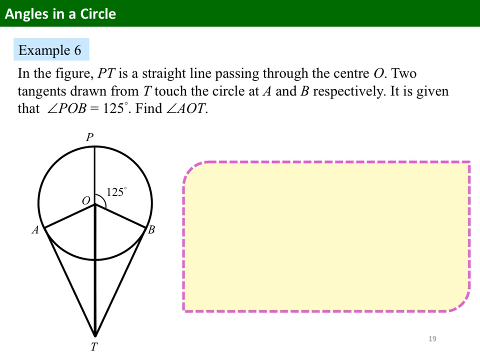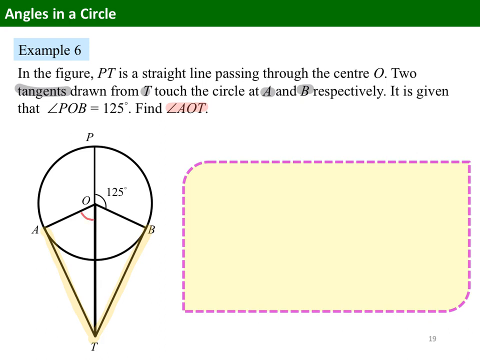Example 6. Okay, keywords: two tangents from T touch at A and B respectively. Then we mark the tangents like this. Okay. We are asked to find angle AOT. This angle AOT here.